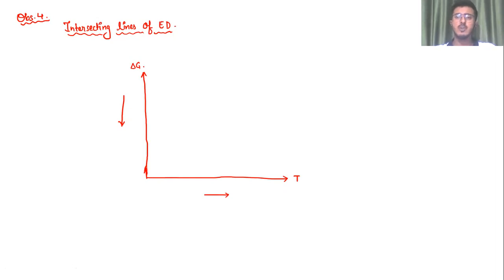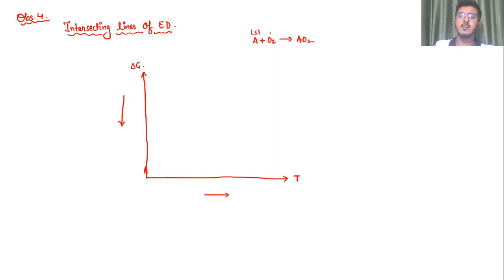Basically, you have two different metal oxide lines. Let me take two different reactions, and based upon that, we'll see how they intersect at a particular temperature. I take my first reaction as a hypothetical component A. When it combines with oxygen, it gives AO2.